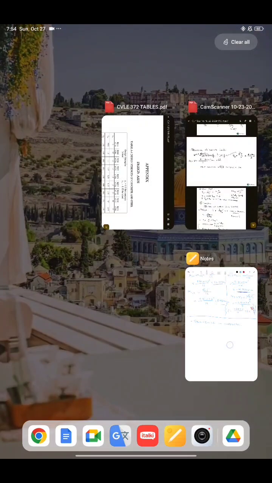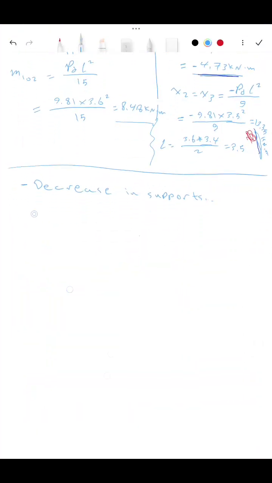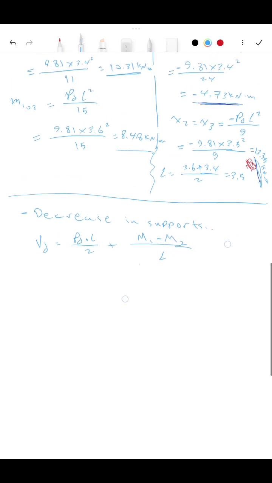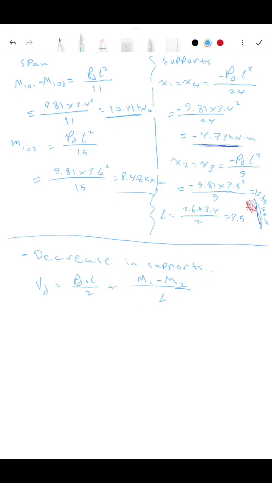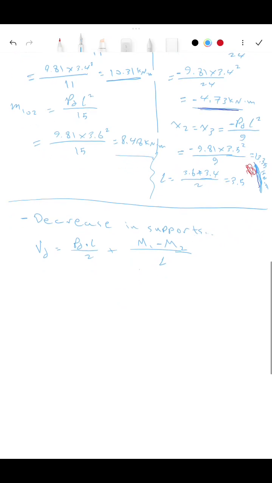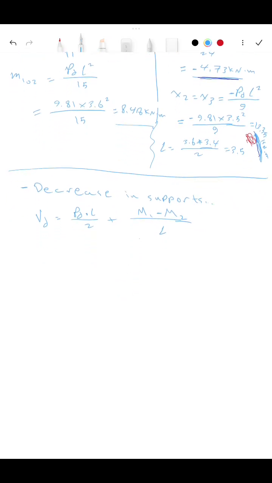So how do we do that? First of all, we write the formula: VD equals PD times L divided by 2 plus (M1 minus M2) divided by L. We have now these moments, 13.35 and 4.73. M1 is the biggest one. Always use the biggest one for M1 and the smallest one for M2, and neglect the minus or positive sign. We only need the moment value.